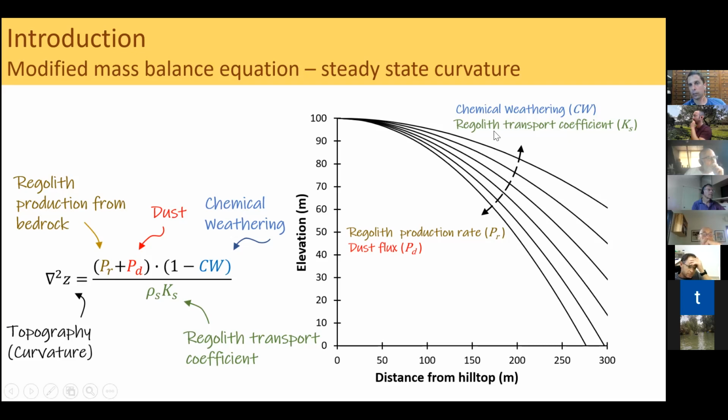And on the other hand, chemical weathering takes mass. So for a given amount of weathering, we need less steep hillslopes to transport the soil. So an increase in chemical weathering will give us less convex morphology, less round, flatter.